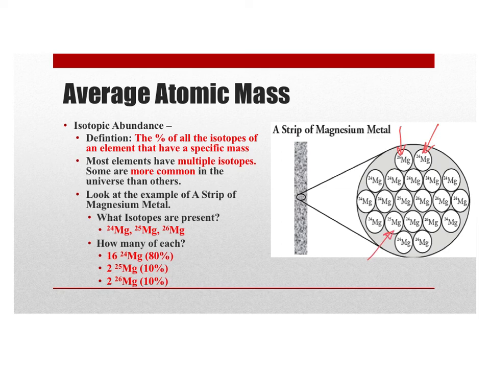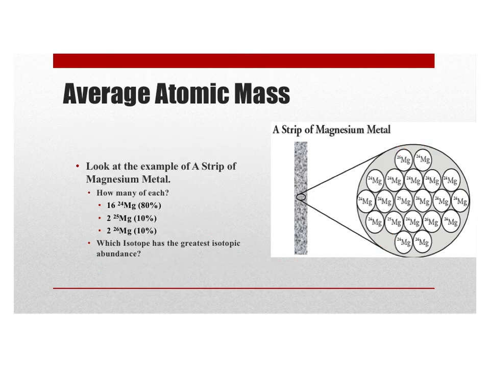Or in other words, 80% of this is magnesium 24, 10% is magnesium 25, 10% is magnesium 26. Where did I get those percentages from? Through calculating them. 16 out of 20 total gives me 80%, and that's where we got that number from, times 100.